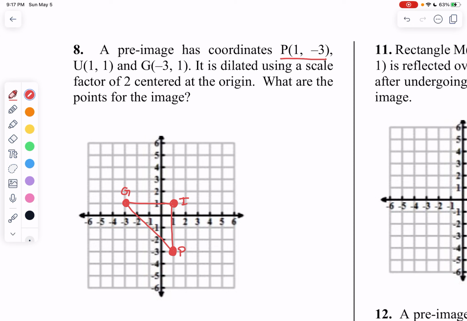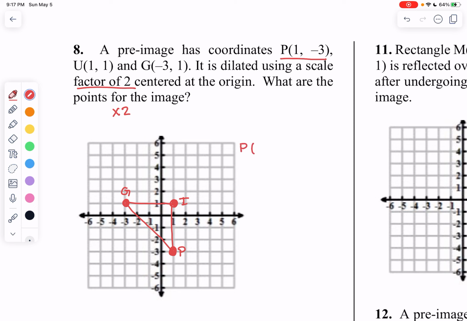Okay, it says it is dilated using a scale factor of 2 centered at the origin. What are the points for this image? So, with a dilation, right, things are getting bigger or smaller. When the factor is 2, that tells me that my image is going to get twice as big. Think about multiplication. That's what happens with dilations, okay?